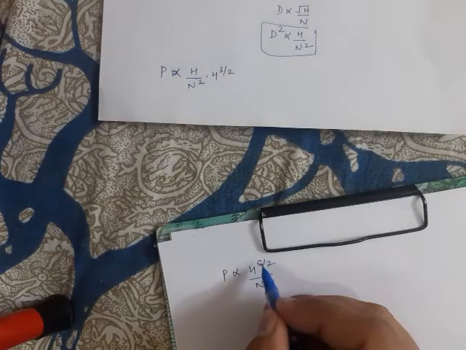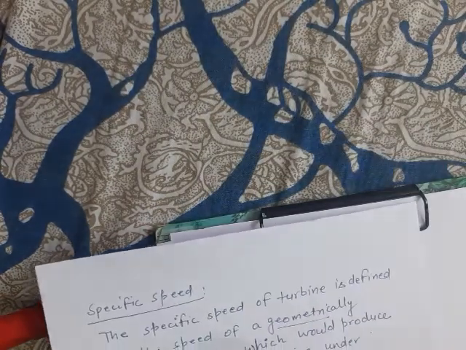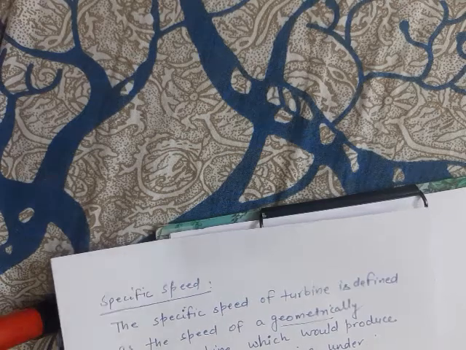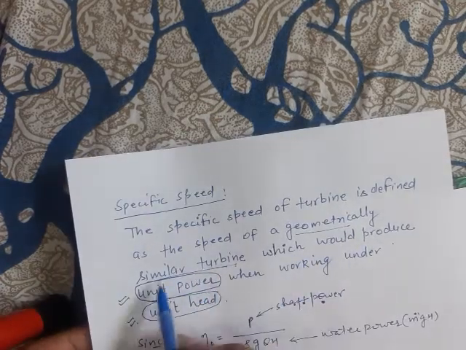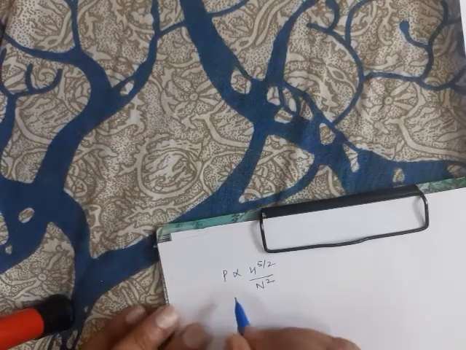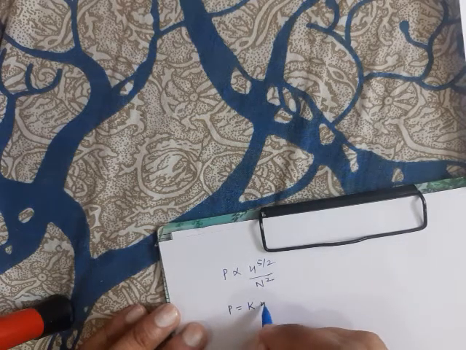Now let me use the boundary conditions which were specified in defining the specific speed. It is the speed of a geometrically similar turbine which would produce unit power while working under unit head. So first of all, let me take P equals some constant K, H to the 5 by 2 over N square.